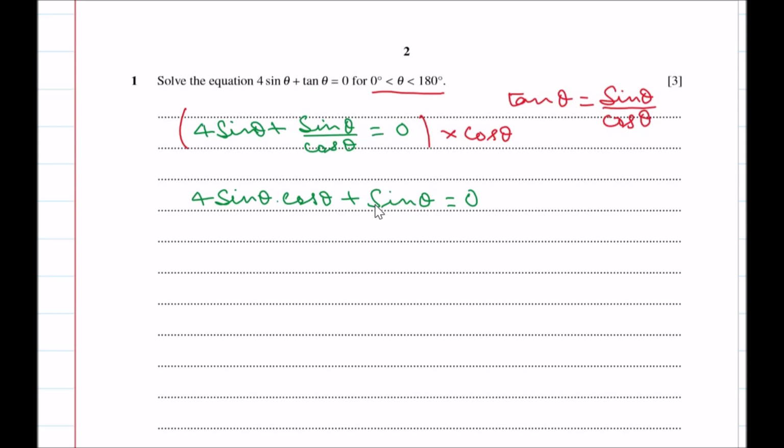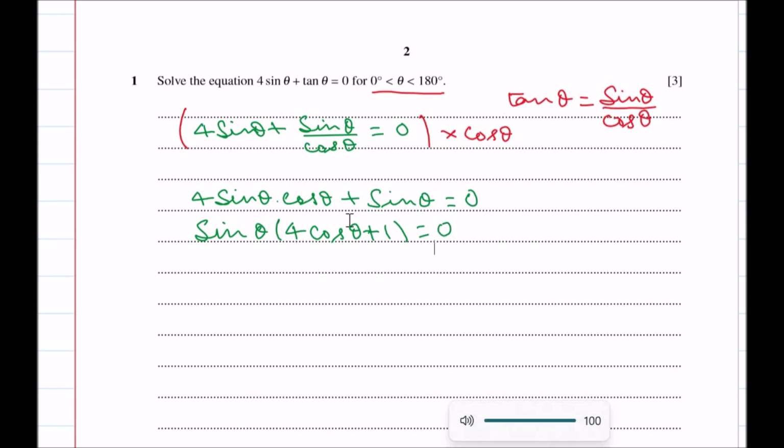Now easily we can see that sin theta is a common factor in both terms, so we factorize: sin theta into 4 cos theta plus 1, and that is equal to 0.